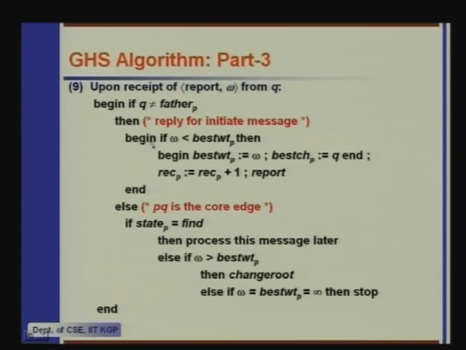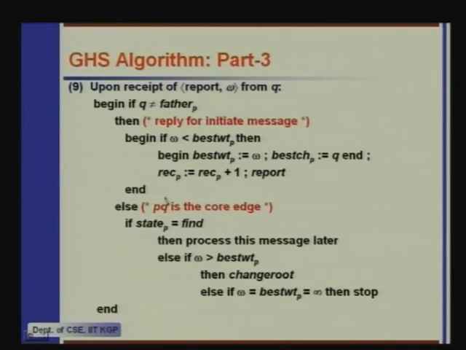The father would not be sending a report message, only on the core edge will that happen. In the core edge, both of them will receive this from their father, because for the core edge Q is the father of P, and P is the father of Q.